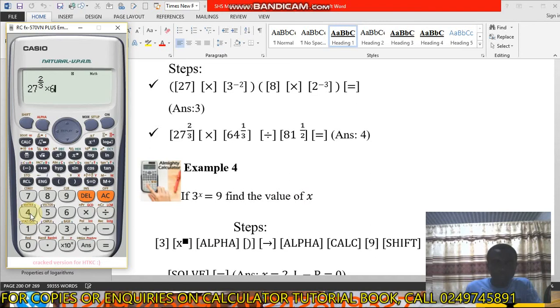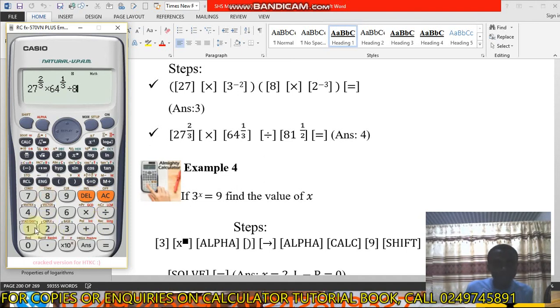Good. Now we enter 64 raised to the power 1 over 3. So the power box, a fractional power, 1 over 3. Good. You come to the center.